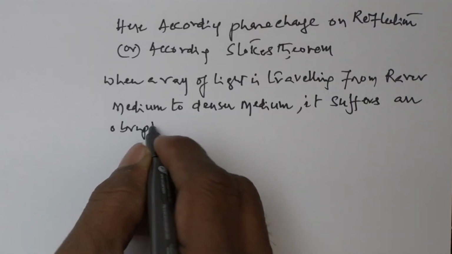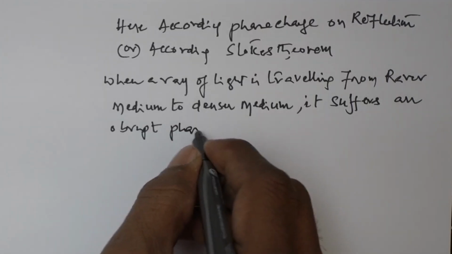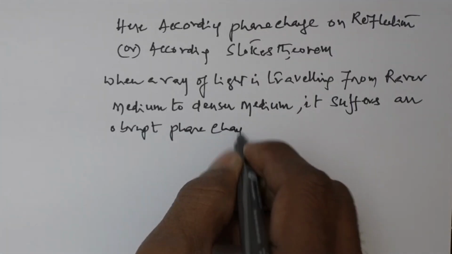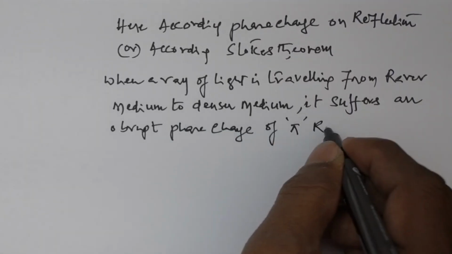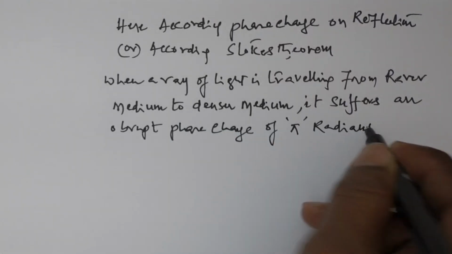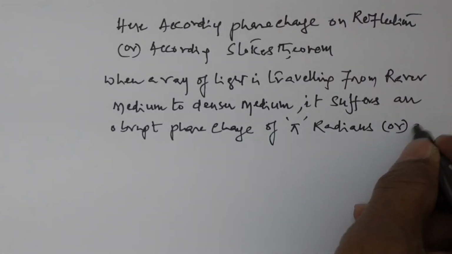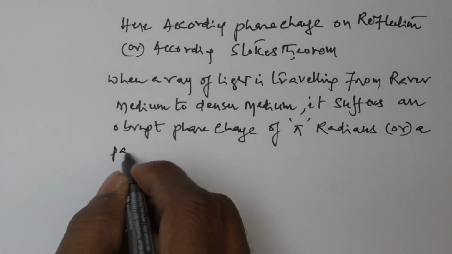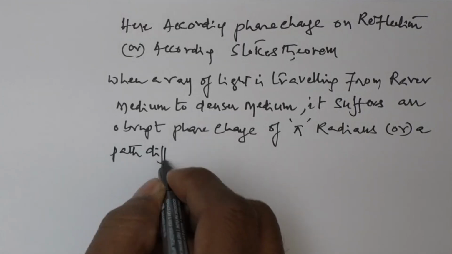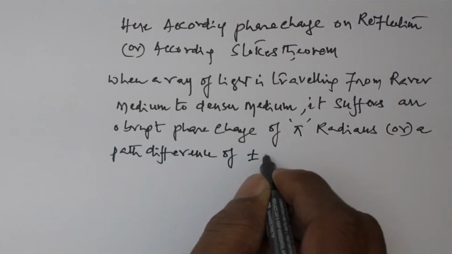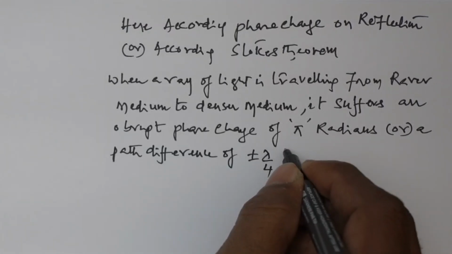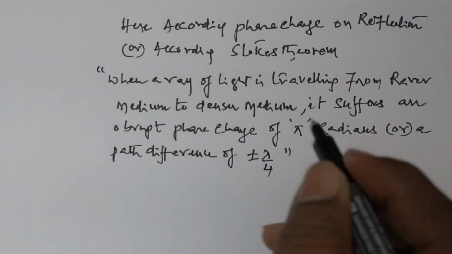Abrupt means sudden. An abrupt phase change of pi radians or a path difference of plus or minus lambda by 4. This is the whole statement of Stokes theorem, my dear students.